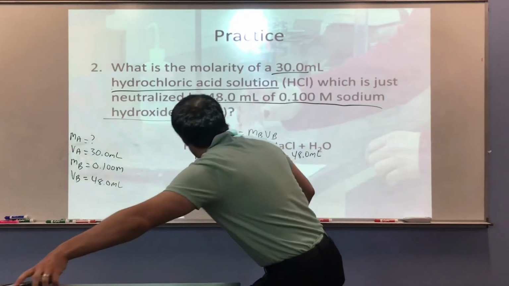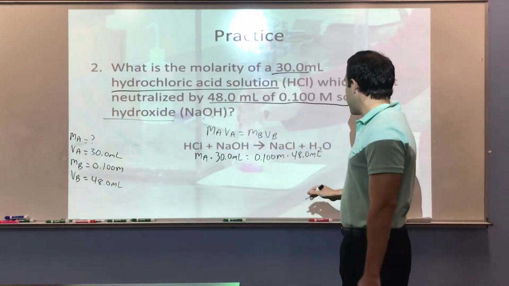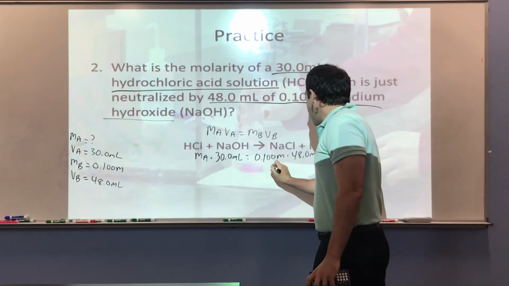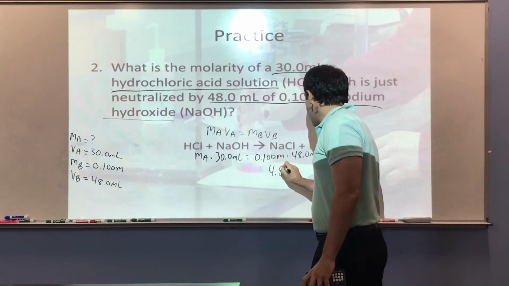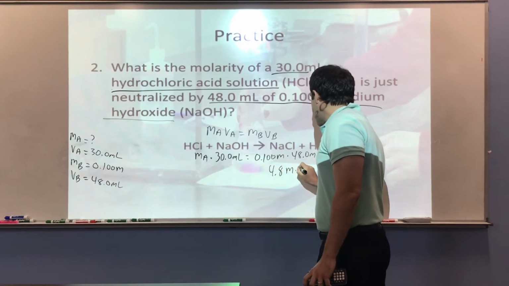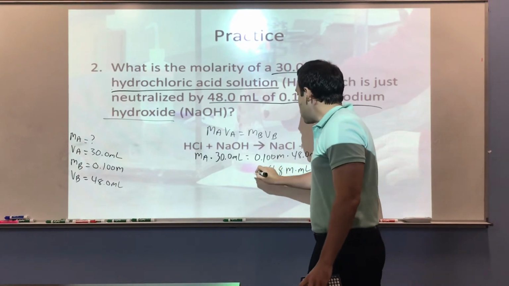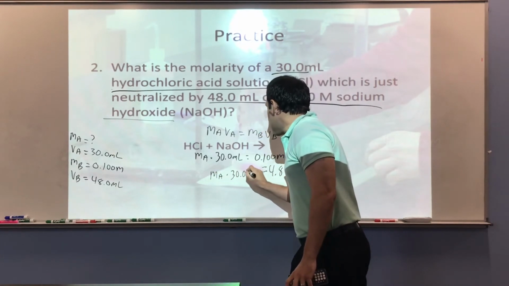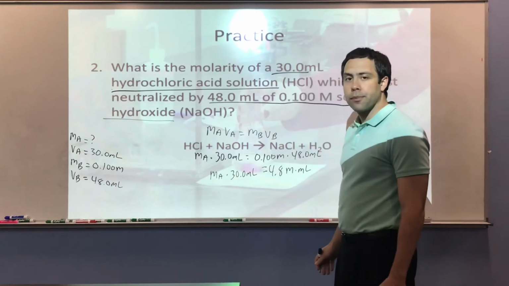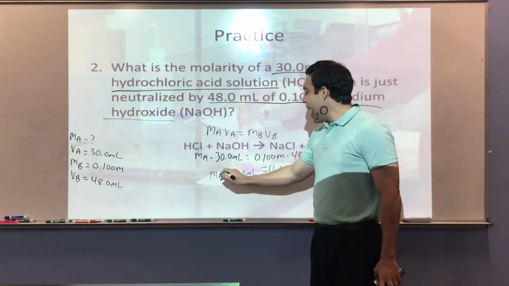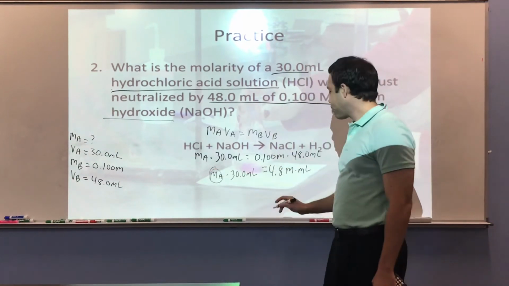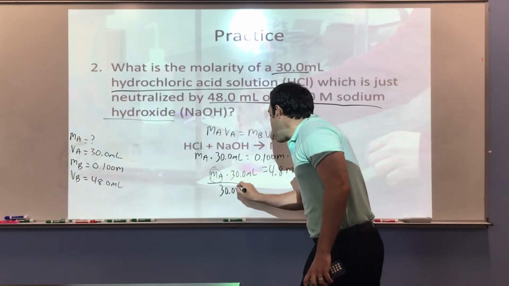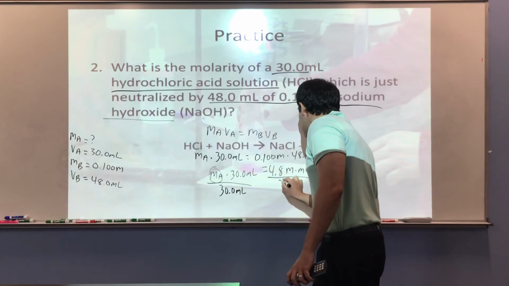First thing we do is we multiply 0.1 times 48.0 milliliters, so we get 4.8 molar times milliliters equals the other side, MA times 30.0 milliliters. We want to get MA by itself. So we're going to have to divide 30.0 milliliters by both sides.